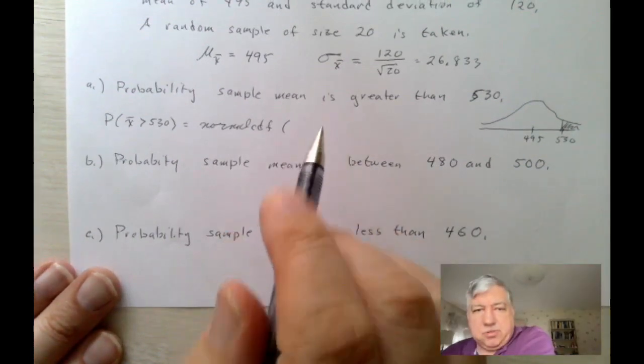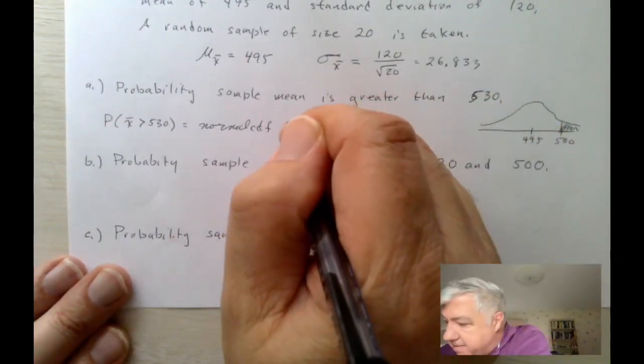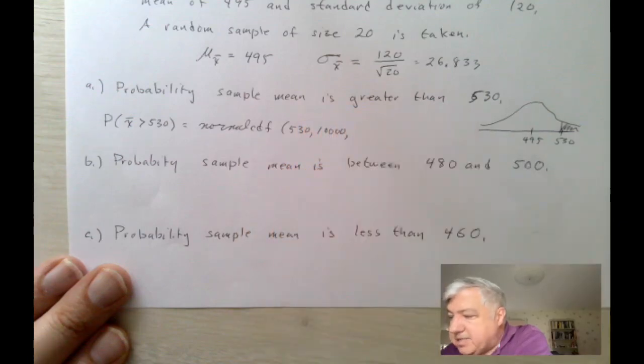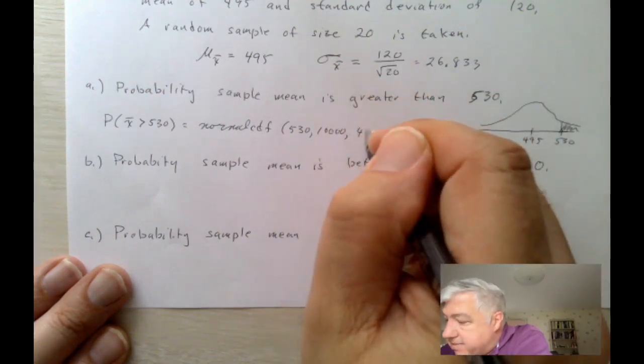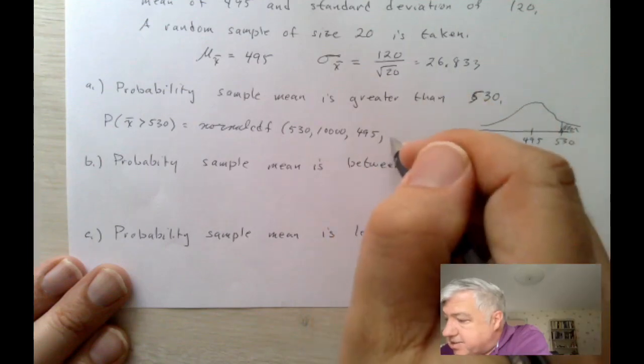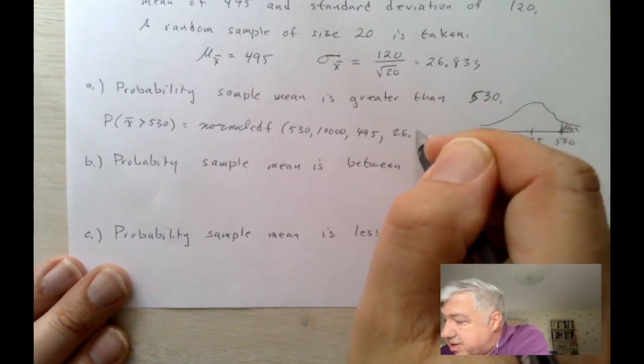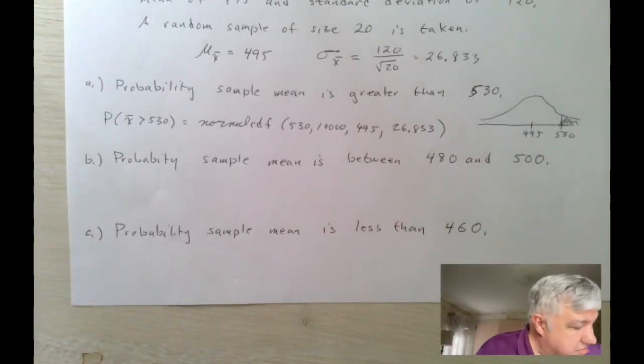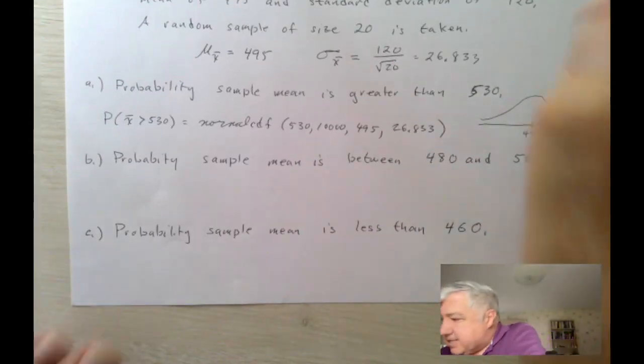So this will be normal CDF of 530, and take 1000 to be positive infinity, and the mean we said is 495, and the standard deviation is 26.833. And when you compute this, this is 0.096.